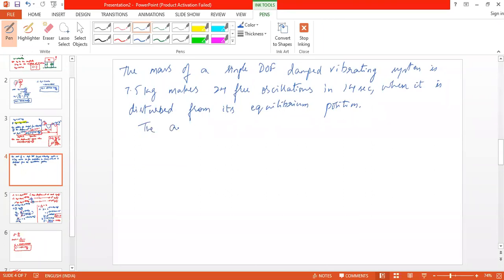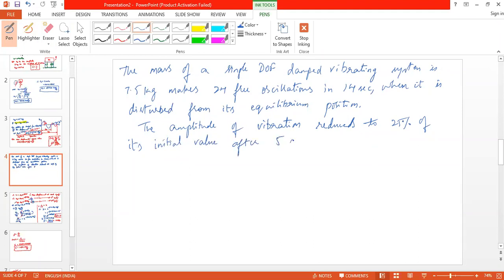And the amplitude of vibration reduces to 0.25 of its initial value, or I can say 25% of its initial value, after 5 oscillations.